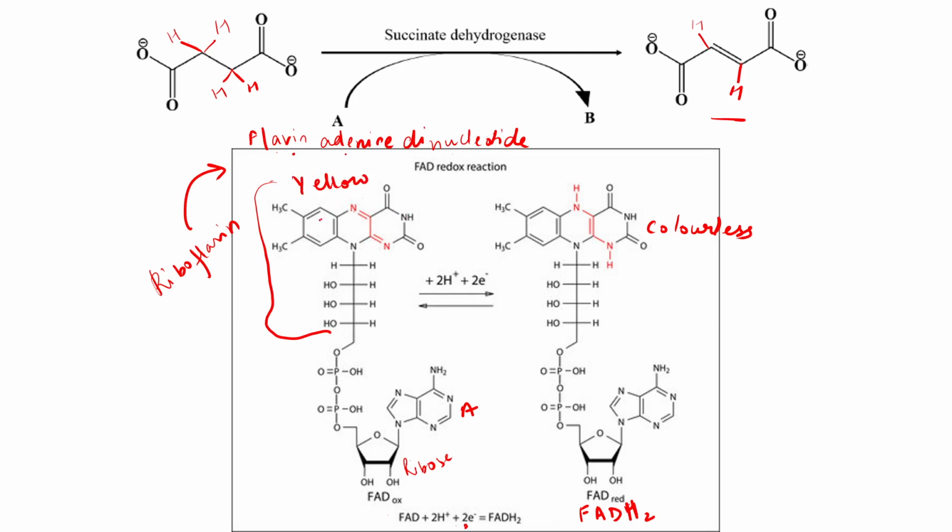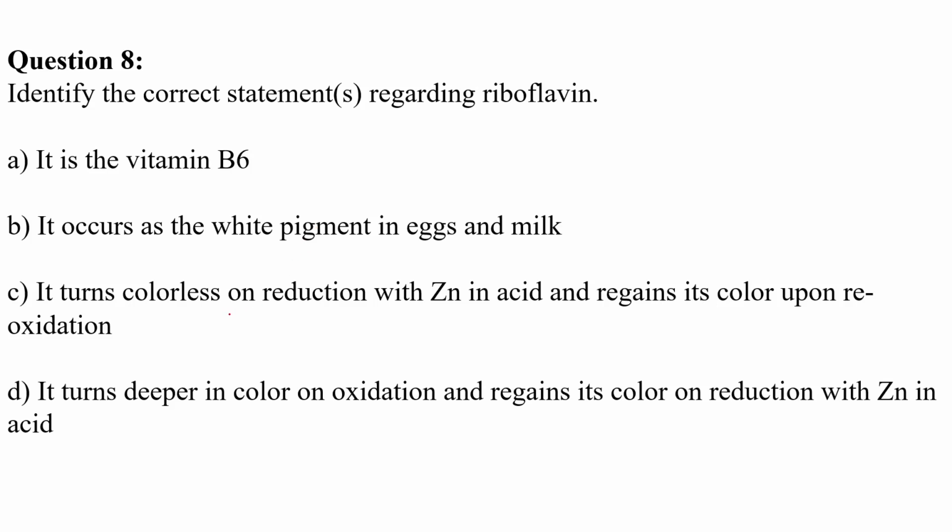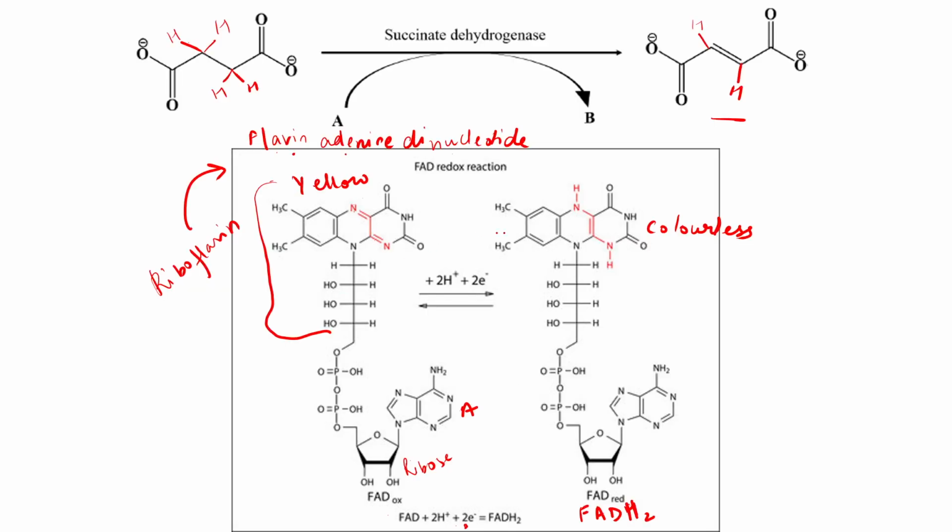So when riboflavin is reduced with zinc, it becomes colorless, because the reduced form of riboflavin is colorless. When reoxidation is done, it regains its color because the hydrogens are removed.